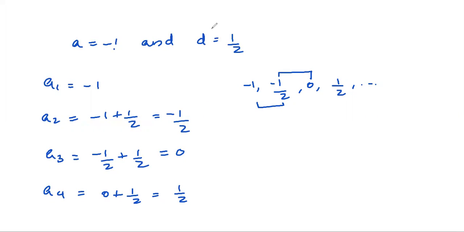Now in the next question, that is question number 3, we need to find the first term as well as the common difference. So here is one sequence, 3, 1, minus 1 and minus 3. So in this sequence, we need to identify which one is the first term and we need to calculate the common difference.